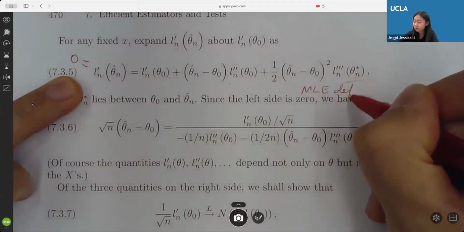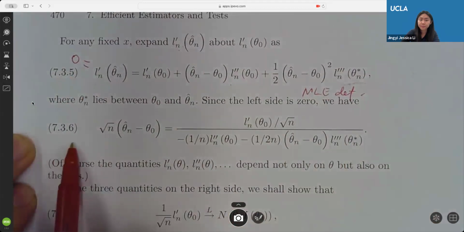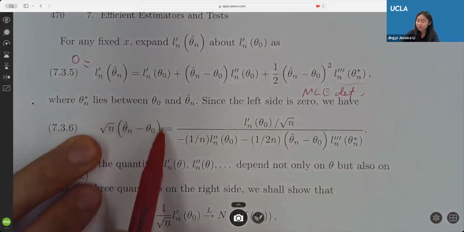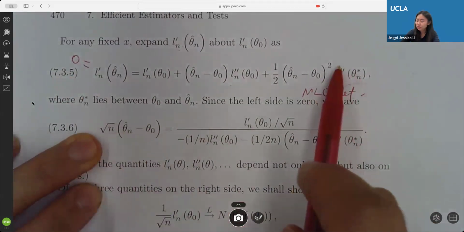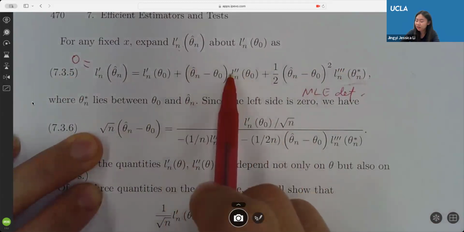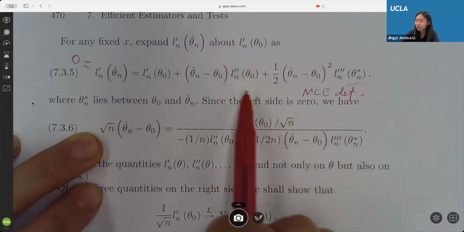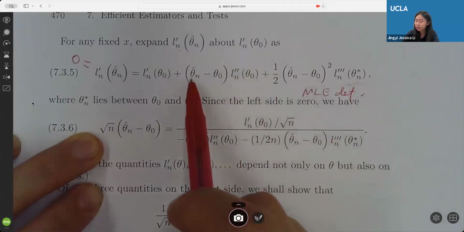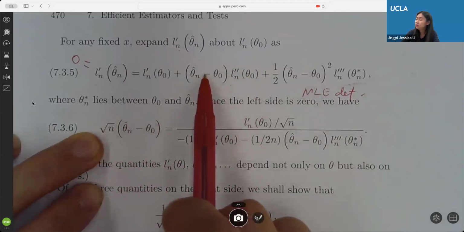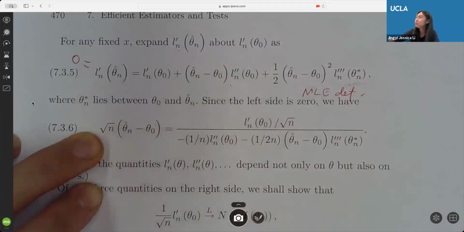This is by the definition of MLE, right? MLE definition. We have root n times this is essentially, you just do algebra. You keep this thing on the left-hand side, you keep this thing and you divide this to the denominator, and then you also multiply by root n. So essentially, it's nothing beyond algebra.